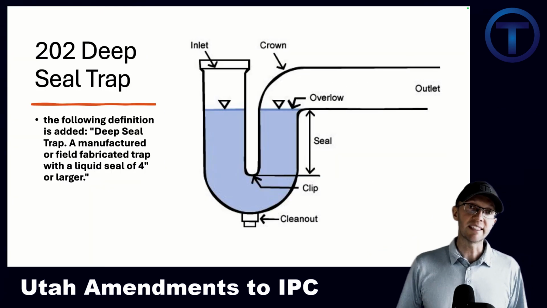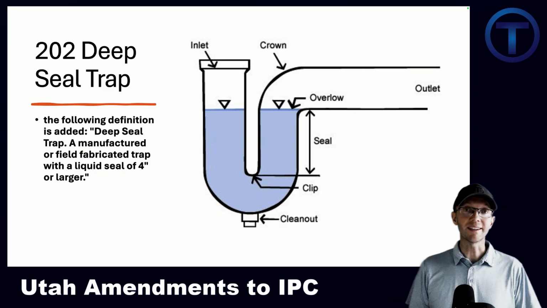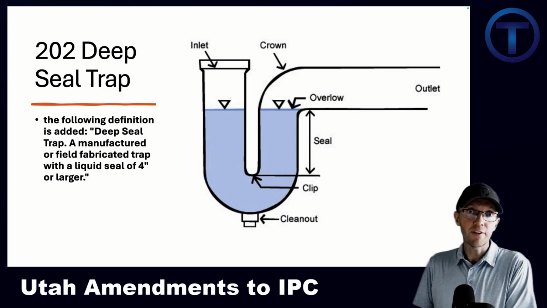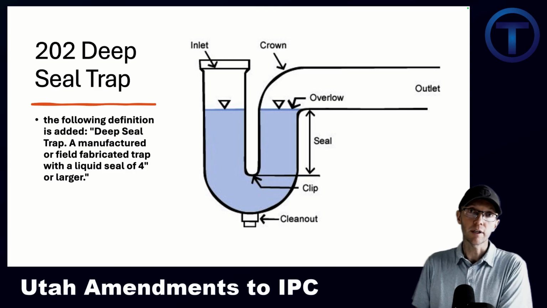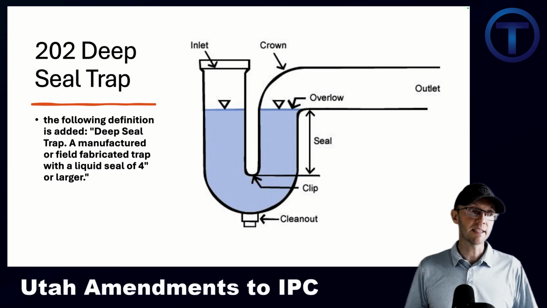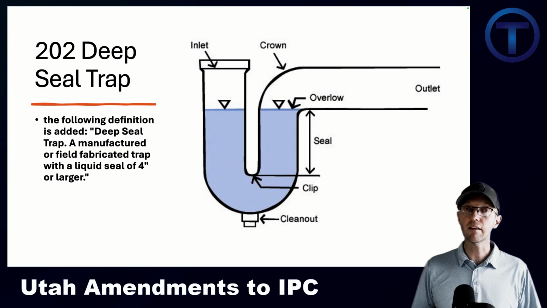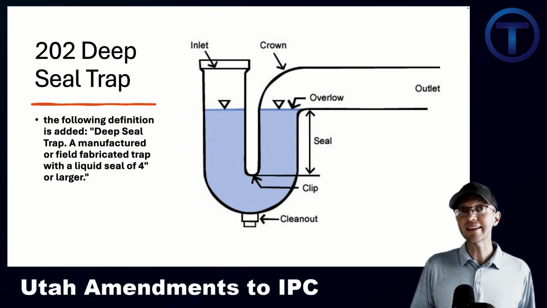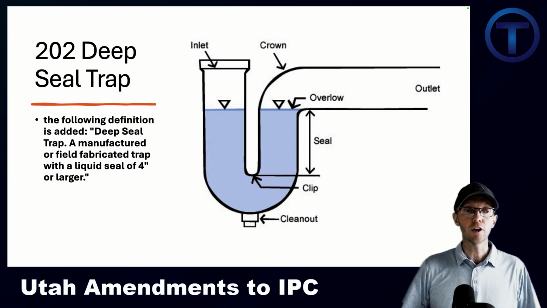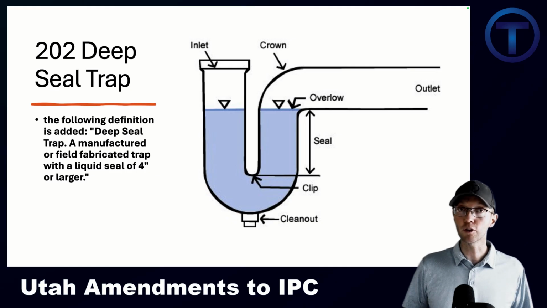202 gives us a new definition, which is called deep seal trap. And we have our basic definition of what is a P-trap, or a trap for a drain, but the deep seal is a manufactured or field fabricated trap with a liquid seal of 4-inch or larger. And this is allowed by Utah Code. You can have a deeper trap. And how would you create that?